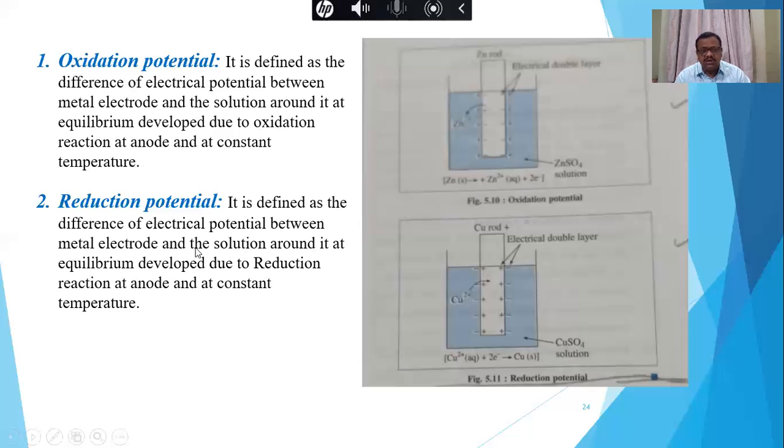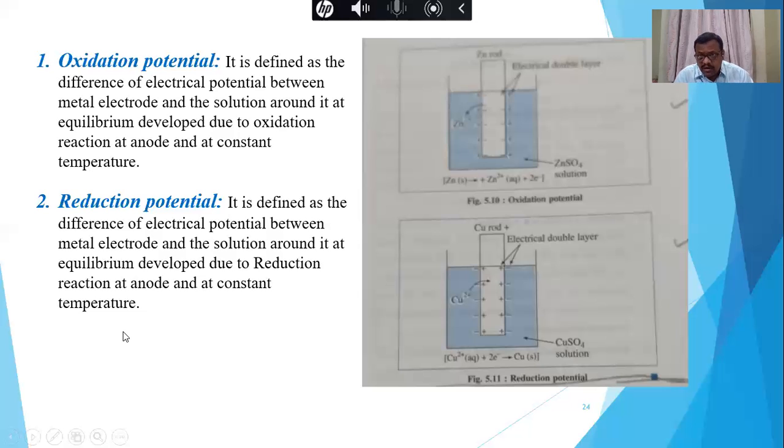Now let us discuss the second type of potential, which is called reduction potential. The reduction potential is defined as the difference of electrical potential between metal electrode and the solution around it at equilibrium developed due to reduction reaction at anode at constant temperature.